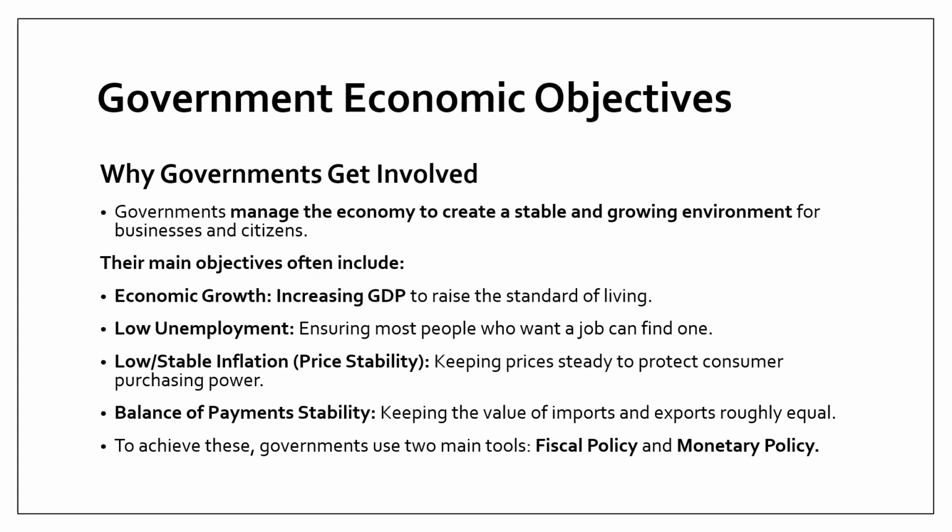Their main objectives often include economic growth, that is, increasing GDP to raise the standard of living, low unemployment, ensuring most people who want a job can find one, low or stable inflation, keeping prices steady to protect consumer purchasing power, balance of payments stability, keeping the value of imports and exports roughly equal. To achieve these, governments use two main tools, fiscal policy and monetary policy.